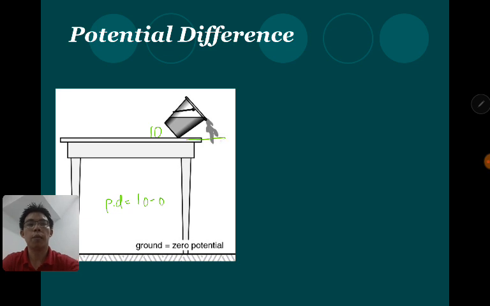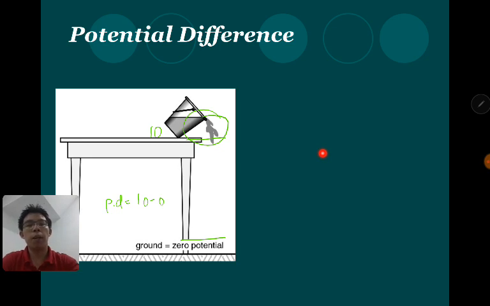between these two levels. So potential is like a value that you give to the two different levels in the field. Then if you have the mass, which is this water here, and the mass is moved from a level of 10 to 0, then we say that there's a change in the gravitational potential energy.